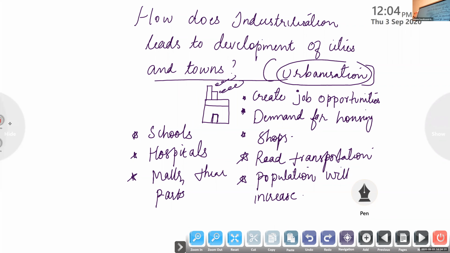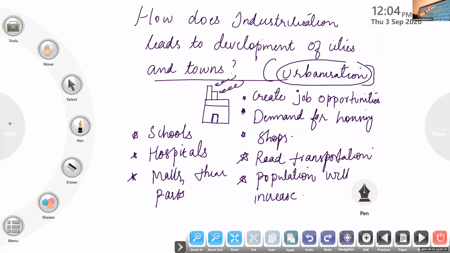Okay, do one thing. I'll give you homework. Write this question: how does industrialization lead to development of cities and towns?